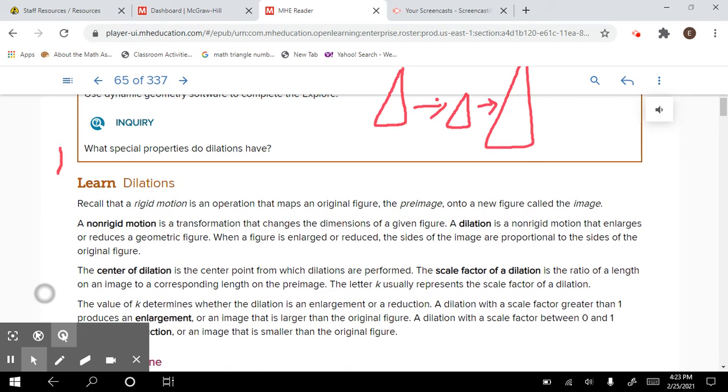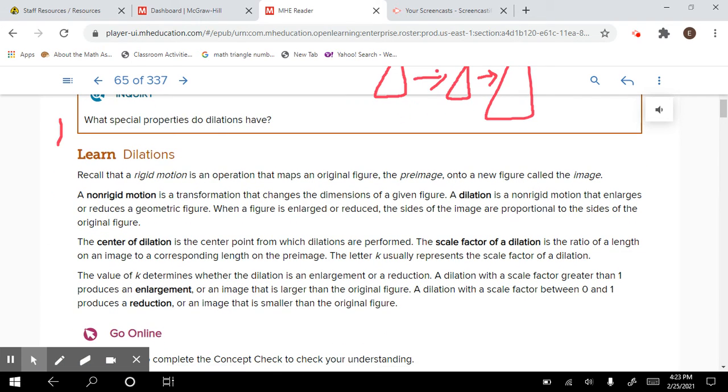So with dilations, you can have what's called an enlargement or a reduction. An enlargement is when obviously it's getting bigger. So your scale factor, the thing that you're multiplying by, is larger than 1. So something can be 2 times the size or 3 times the size or so on.